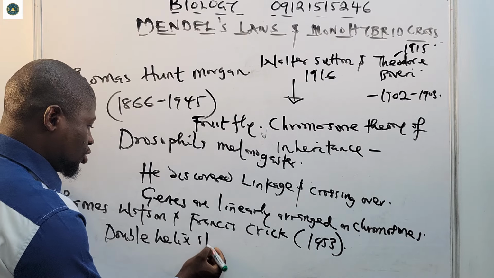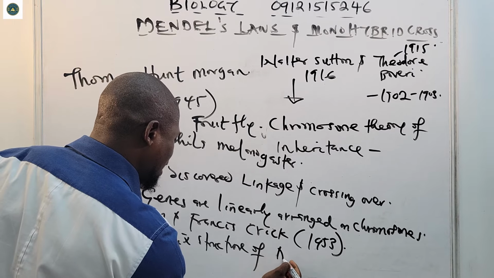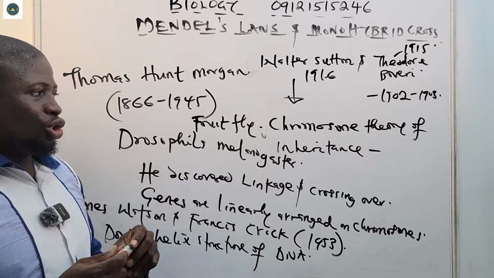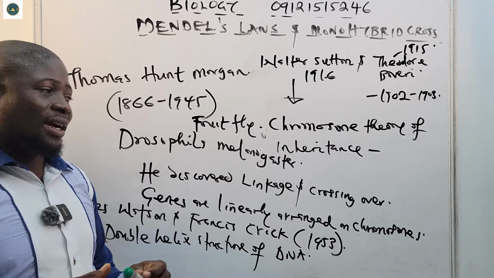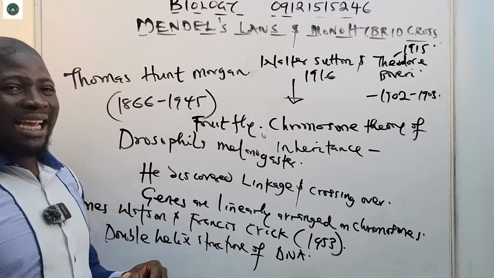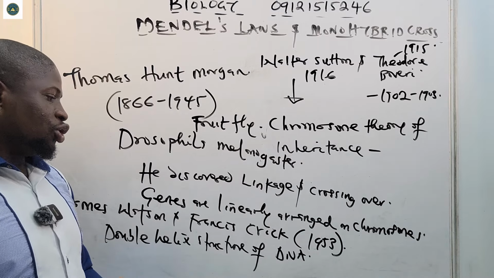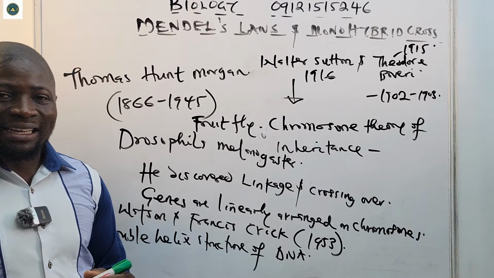They discovered the double helix structure of DNA. They used the result from Franklin's experiment, from her X-ray studies. So the ones that discovered the double helix structure of the DNA were James Watson and Francis Crick.